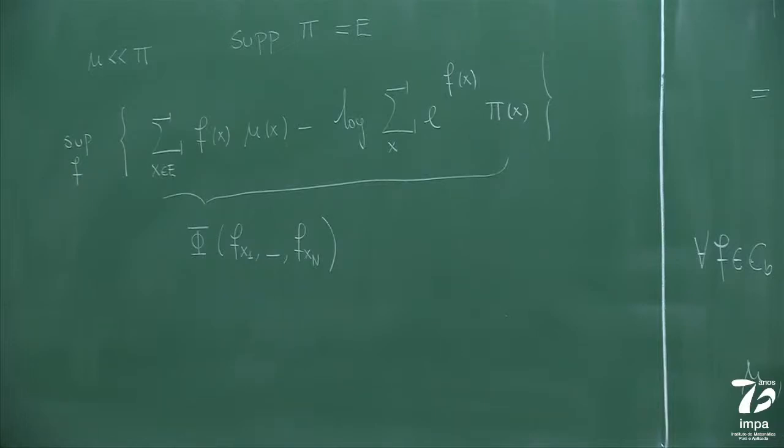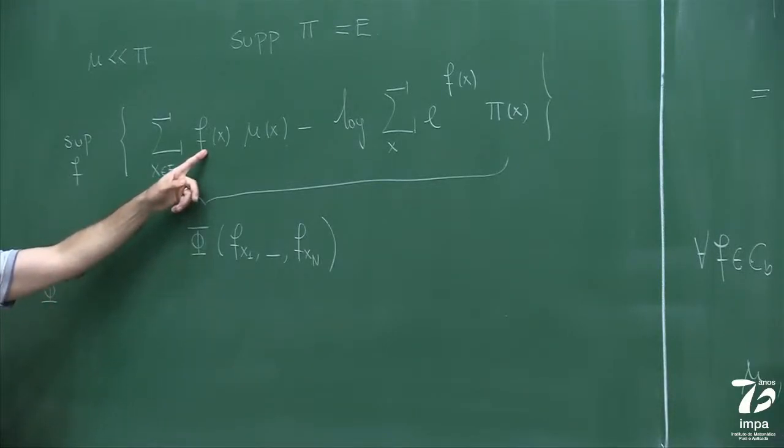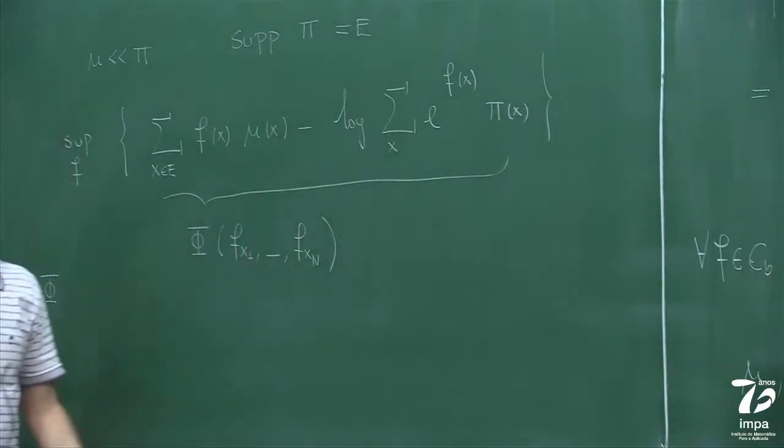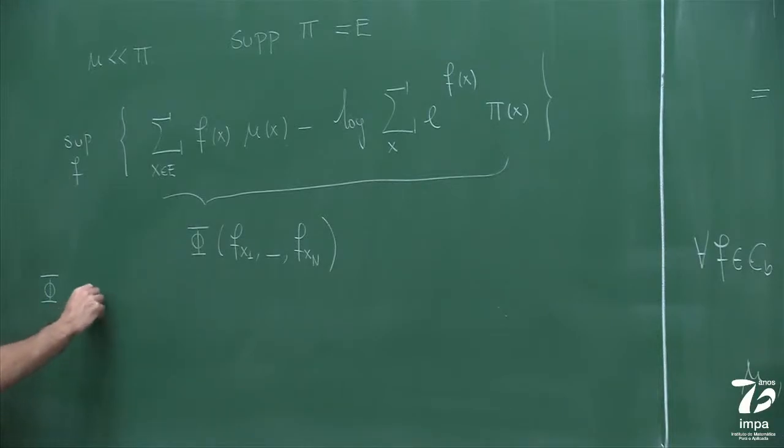And this function phi, you see here, it is linear, while here it's convex, so it's a concave function.